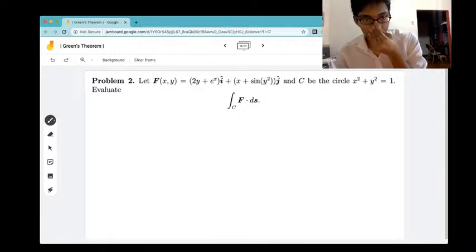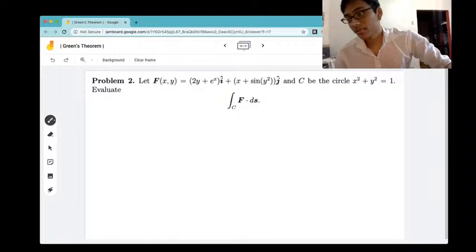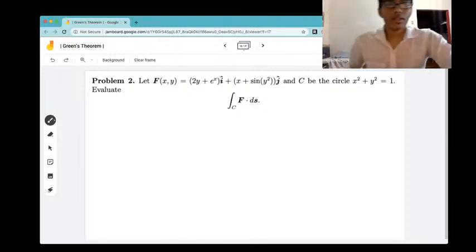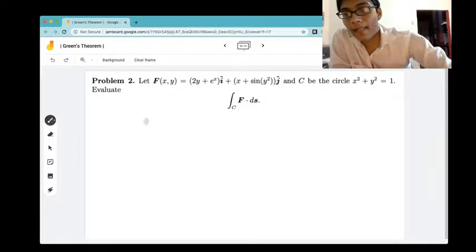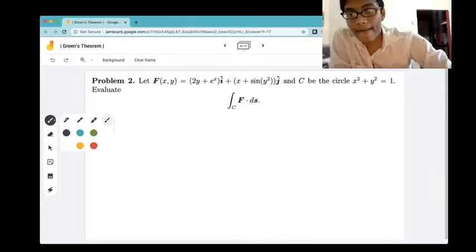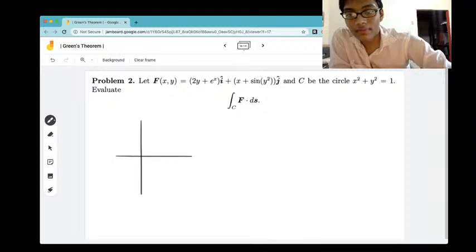So the first thing I want to do is actually visualize this, if that's possible. So here we are on the xy plane, and I have this crazy looking vector field.